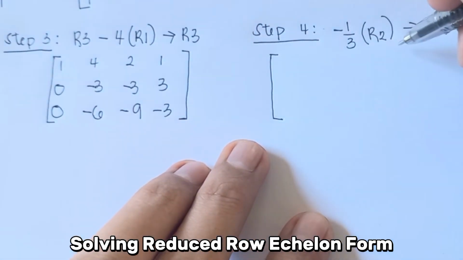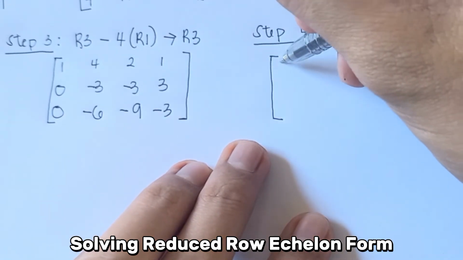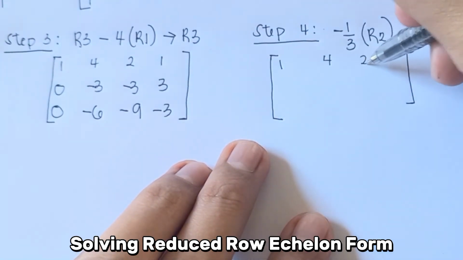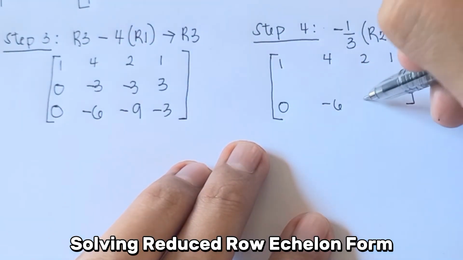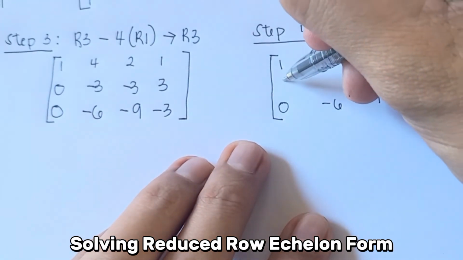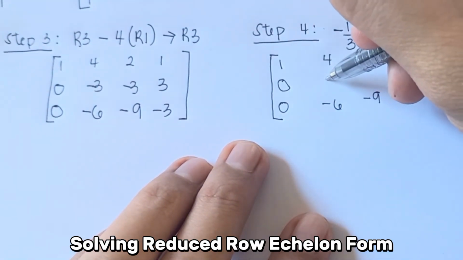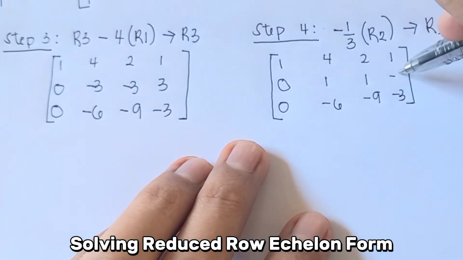So copy the first and the third row. So you have 1, 4, 2, 1, 0, negative 6, negative 9, negative 3. So this will become 0, positive 1, positive 1, and negative 1.